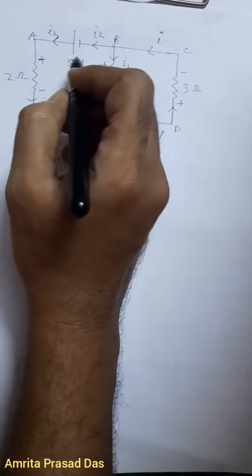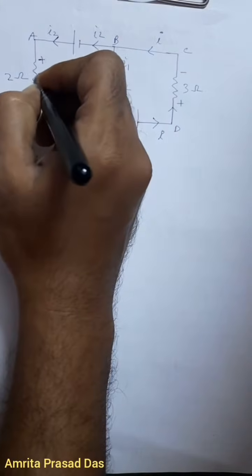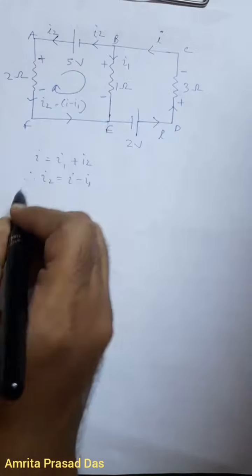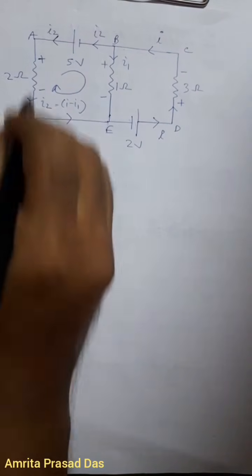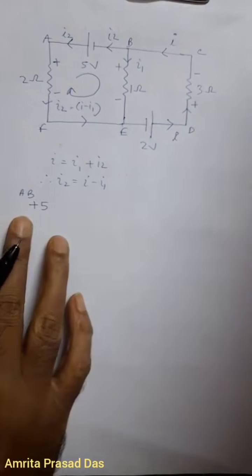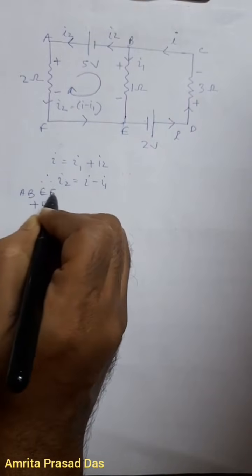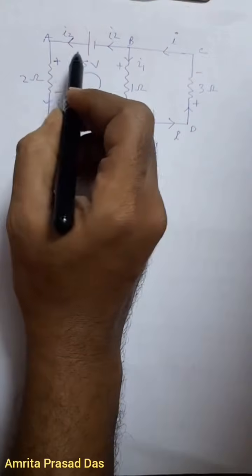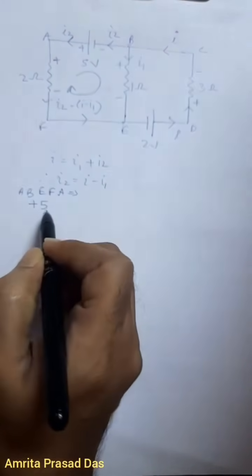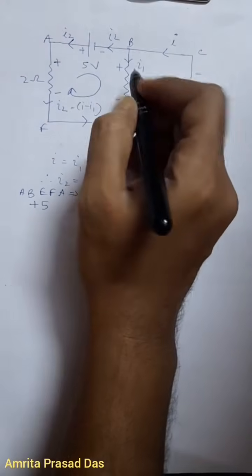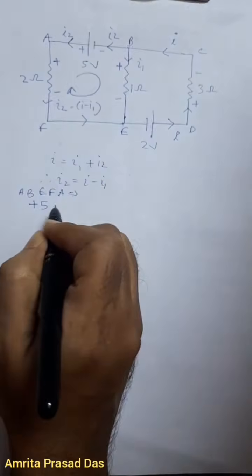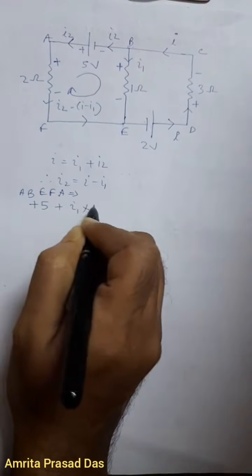Now potential difference, we are moving in this fashion clockwise, therefore we get plus 5 in this loop A B E F A. First we move from A to B, from plus to minus of the cell, so we get plus 5. Now we are moving from B to E. In this diagram, B is at high potential, therefore I1 into 1.